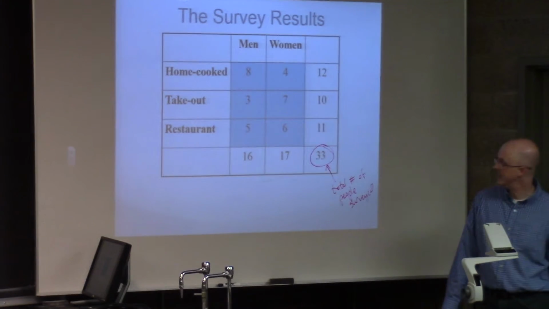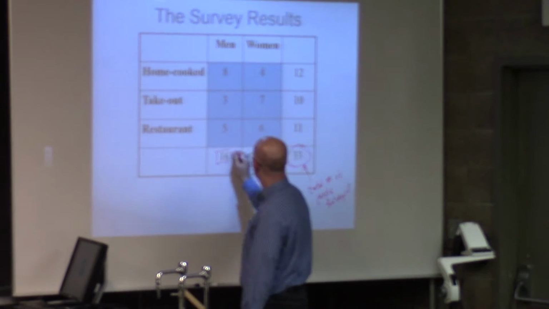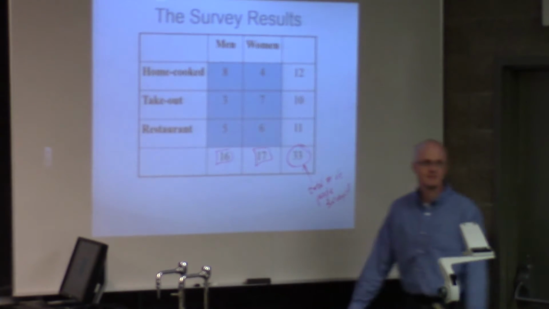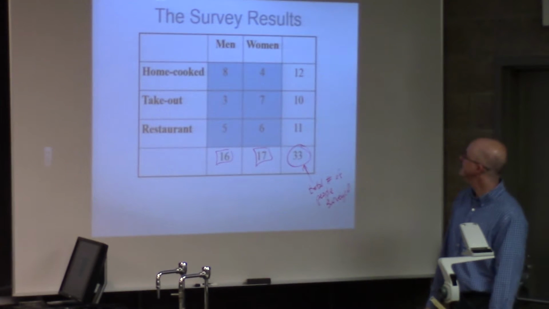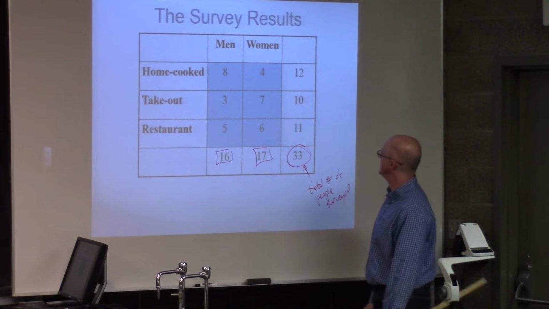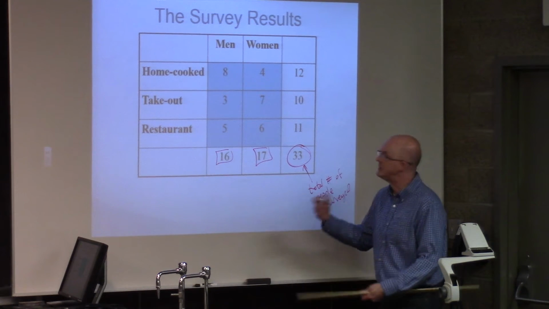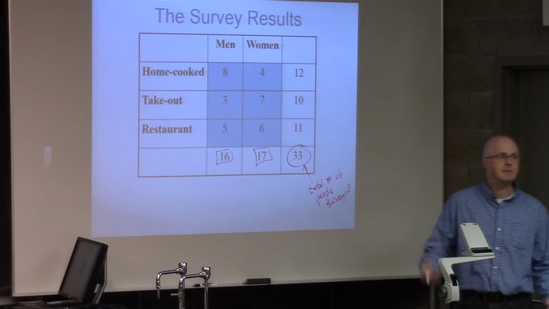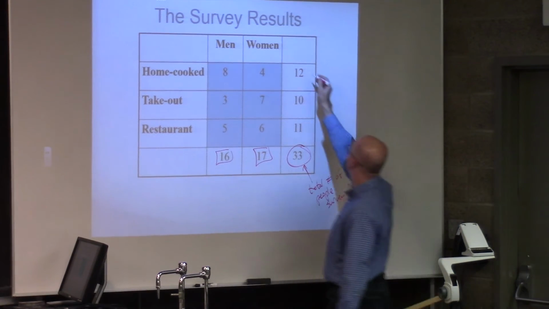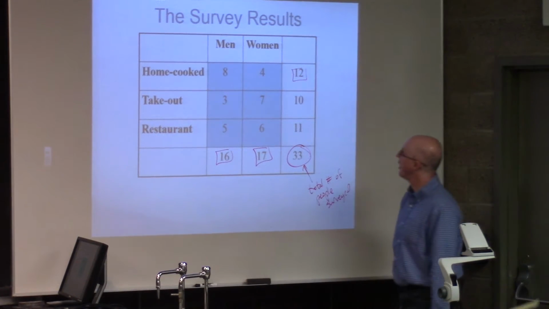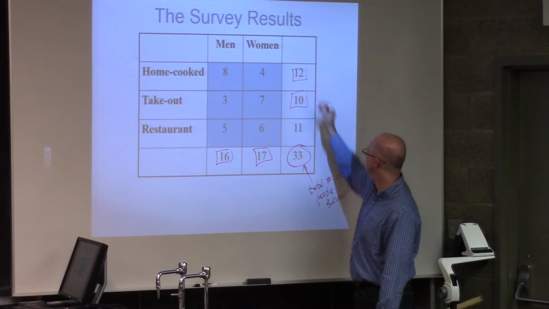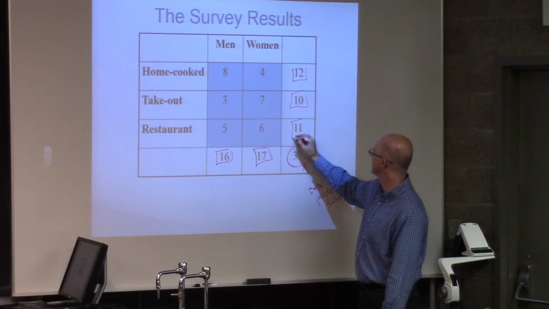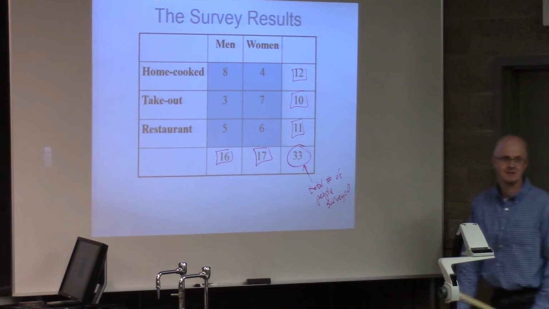Of those 33 people, 16 are men and 17 are women. Also, of those 33 people, the overall responses, if you don't take male or female into account, is that 12 out of 33 want home-cooked, 10 out of 33 want takeout, and 11 out of 33 want restaurant.